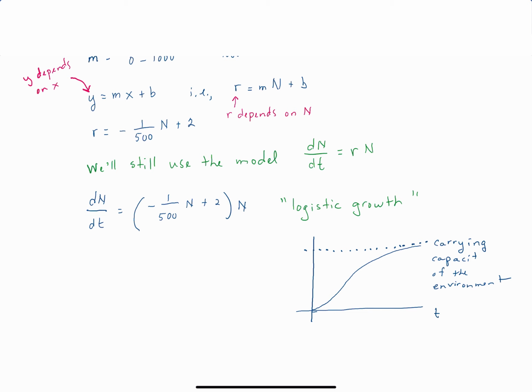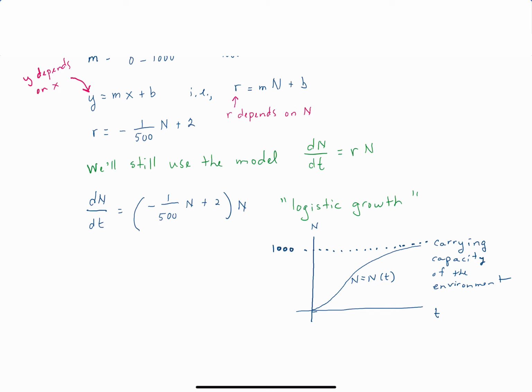Let's see, and I should label my vertical axis too. That's N, and the curve is N of t. So that's that unknown function that we don't know how to find yet. But it would look like this. And in this particular example, the carrying capacity, I forgot a y in capacity, the carrying capacity would be 1,000.